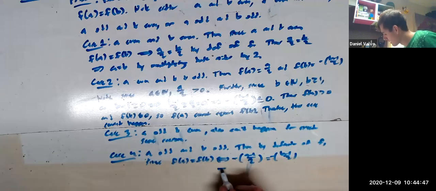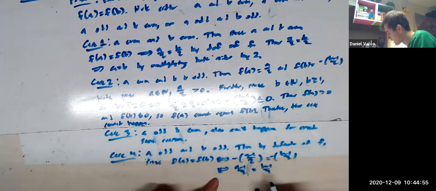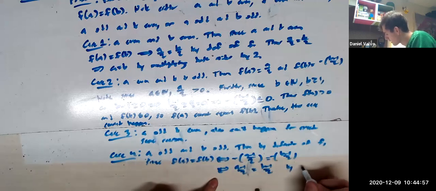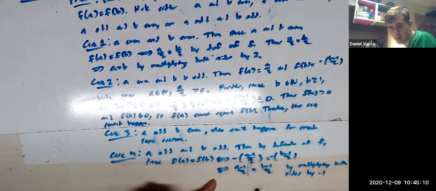And then this is going to equal just A minus 1 over 2 equals B minus 1 over 2. It's equivalent to that by multiplying both sides by negative 1.